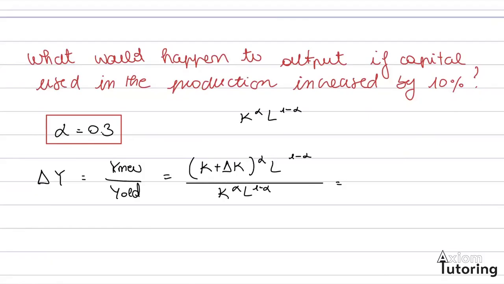Let's remember that this change in capital is equal to plus 0.1, so it's as if we're adding 0.1 to 1. Hence, all of this is going to look like 1.1K.